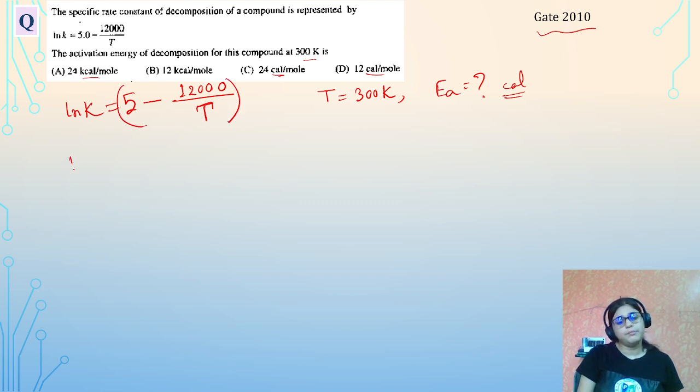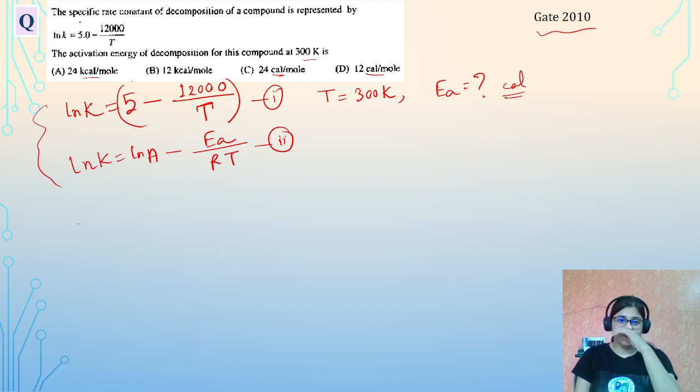So we have to compare it with Arrhenius equation to get the EA value. So we know ln K equal to ln A minus EA by RT. We know this. If we compare this one with 2, what you will get?